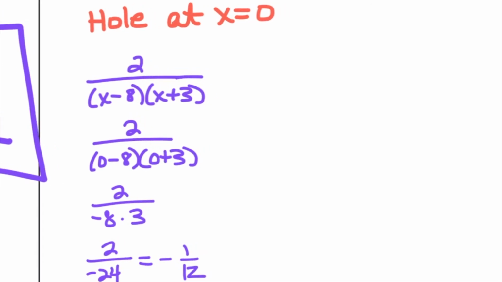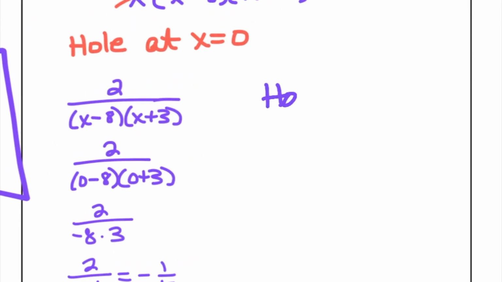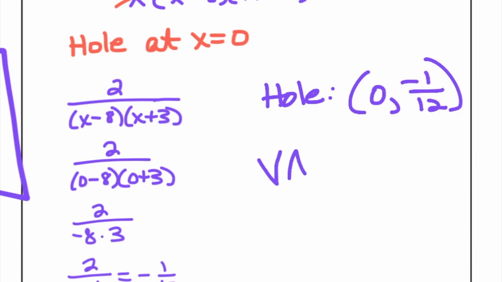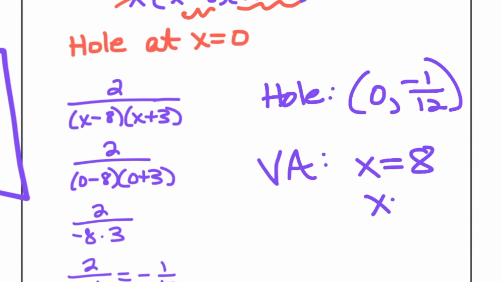And so my hole is at 0, comma, negative 1/12. And my vertical asymptotes are the other two things, the x minus 8 and the x plus 3. So my vertical asymptotes are at x equals positive 8 and x equals negative 3.